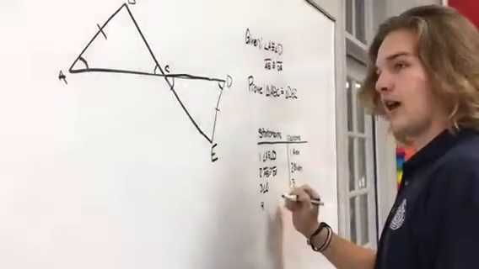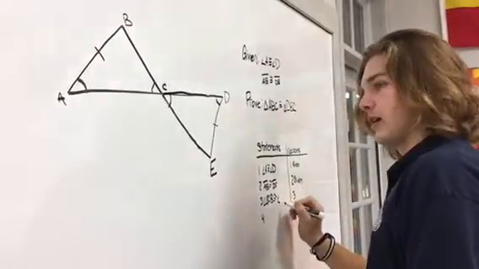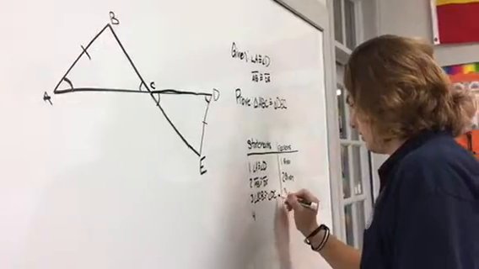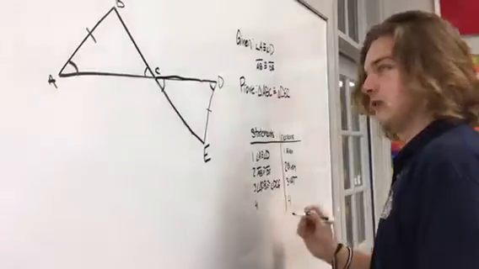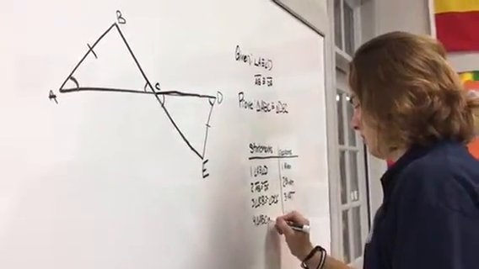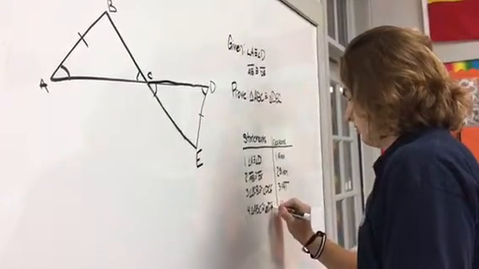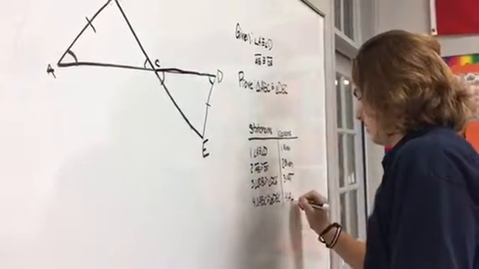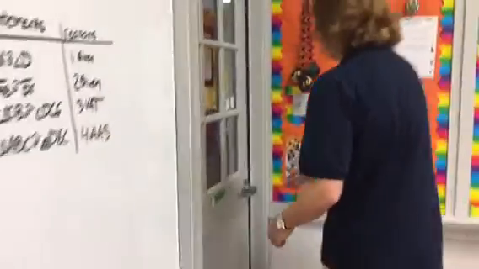Angle ACB is congruent to angle DCE because of VAT, vertical angles theorem. And then we got triangle ABC is congruent to triangle DEC because of AAS. See if that opened up the door. We did it. Gotta see what's making this alarm go off.